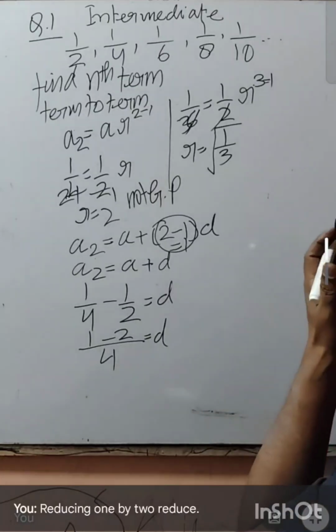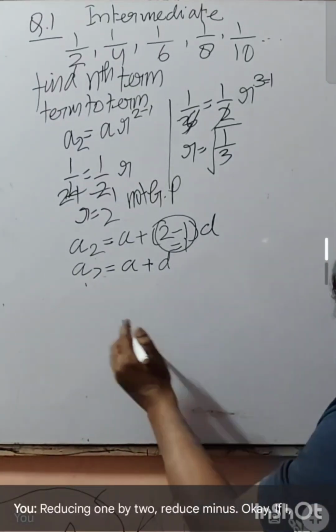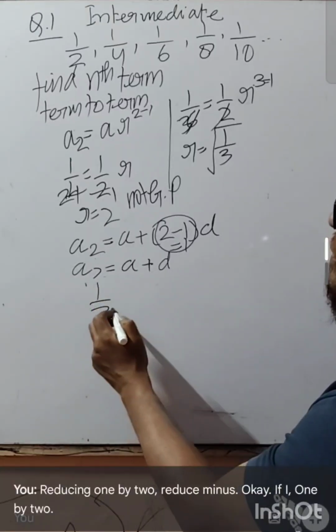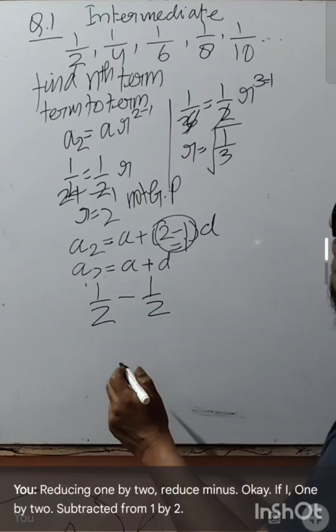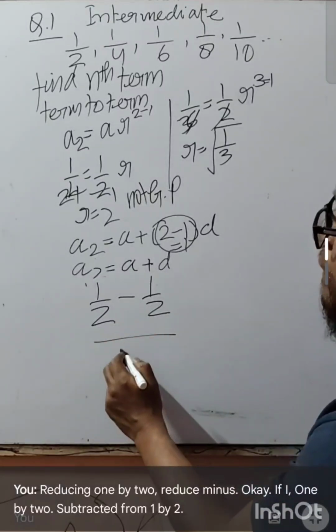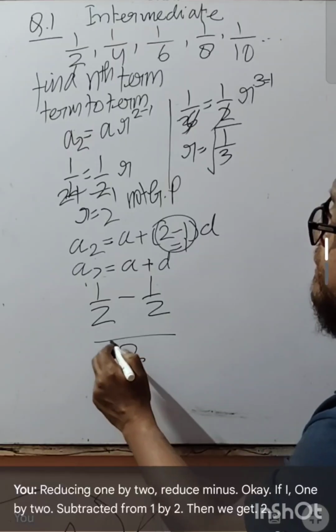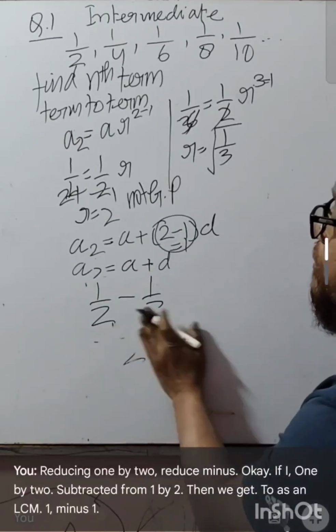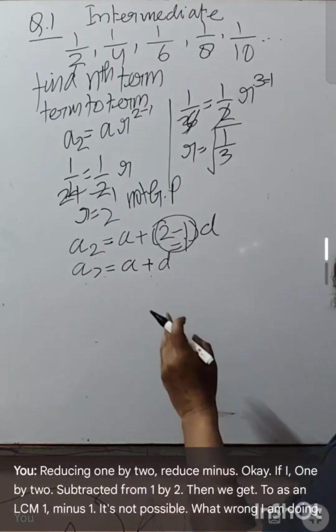If I subtract 1 by 2 from 1 by 2, then we get 2 as an LCM, 1 minus 1. It's not possible. What wrong am I doing?